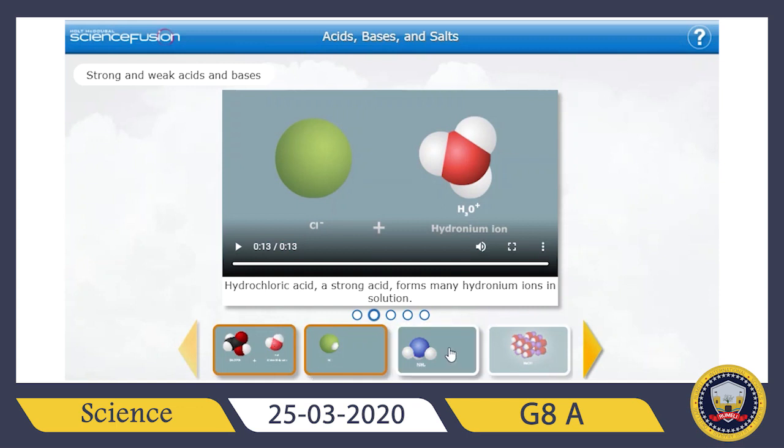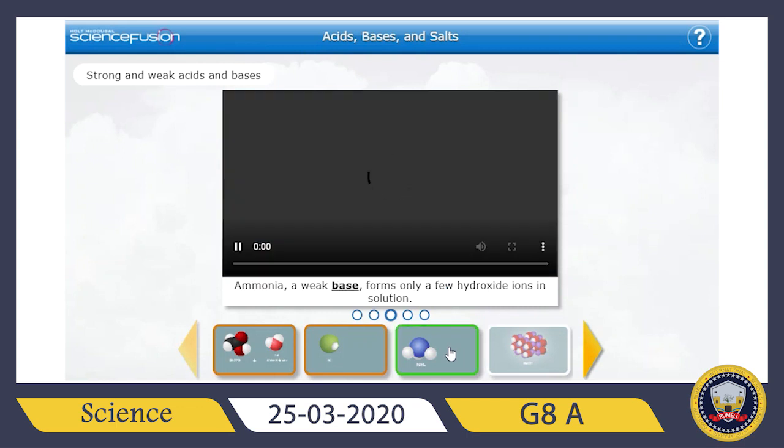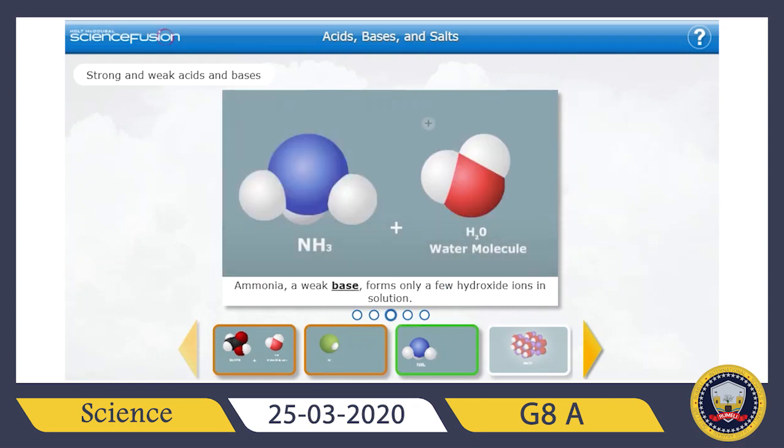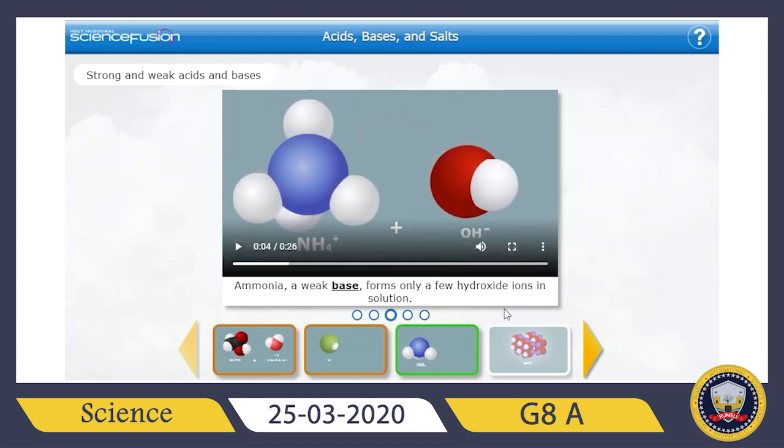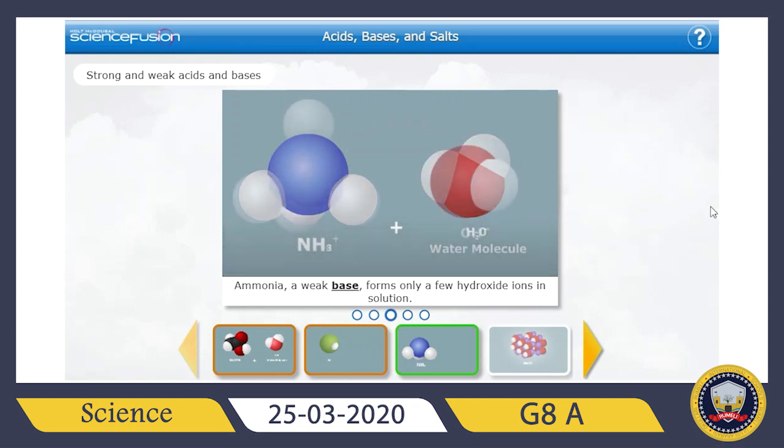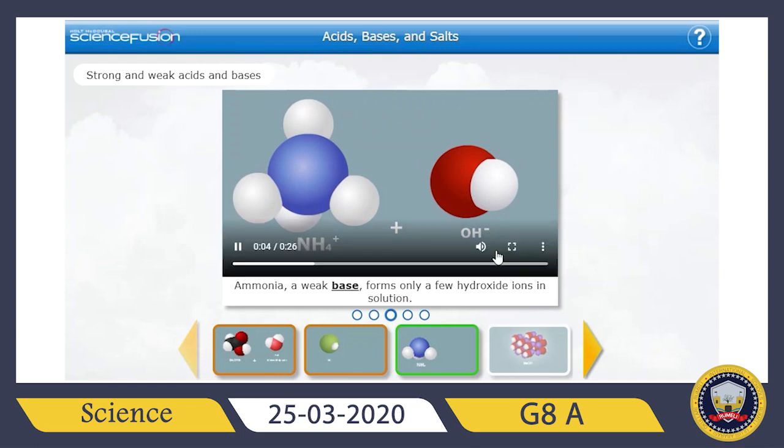For example, we have this also for bases. Ammonia, for example, is a weak base, and remember, bases are creating hydroxide ions like this. Basically, ammonia will take one hydrogen atom from the water molecule, and it will form a hydroxide ion, and also this NH4 positively charged ion.